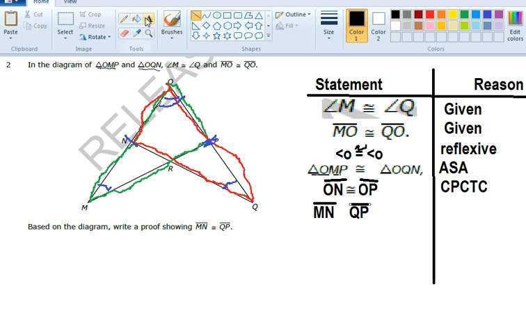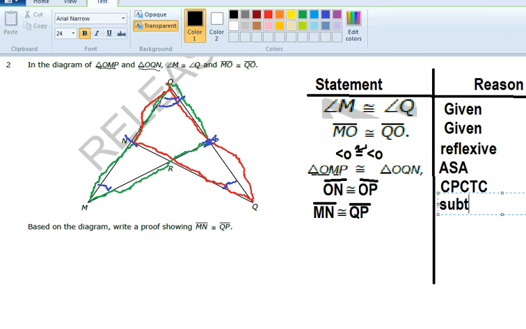If you subtract congruent segments from congruent segments, their differences are congruent. In other words, the subtraction postulate, but let me explain it a bit more.